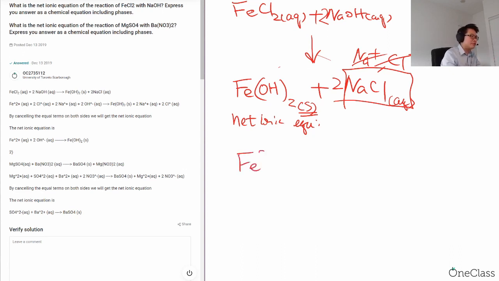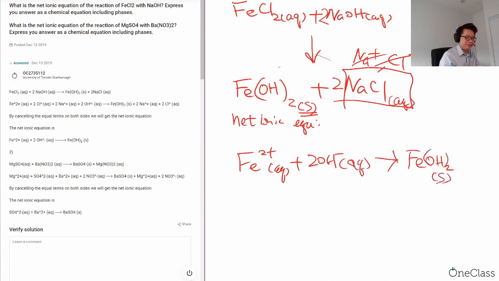So we only have to show the ions that actually take part in the reaction, and then this will be the net ionic equation. And then we will have a solid. It is exactly the same as on the left. Either way will be correct. It's up to you. Pick one of them.